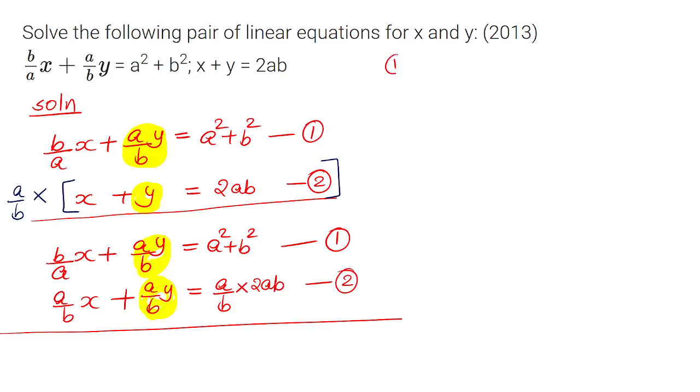So equation 1 minus 2, I am doing equation number 1 minus 2. This will be b by a x minus a by b x. This minus this. bx by a, let me write like that, minus ax by b.